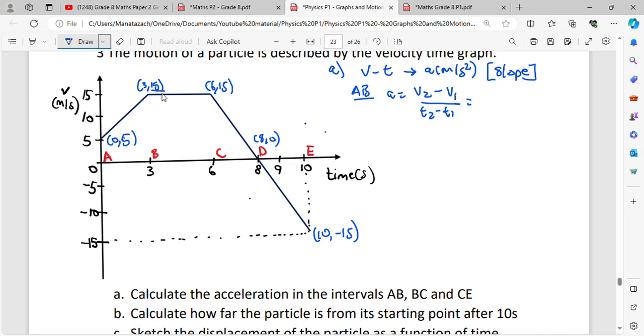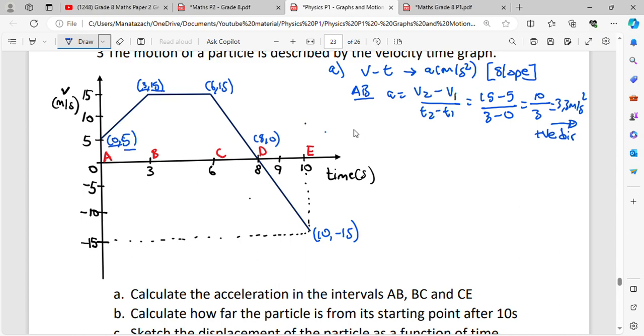So we'll say 15 minus 5, and then 3 minus 0, which is going to be 10 over 3, which is 3.3. You can specify the direction and say in the positive direction.